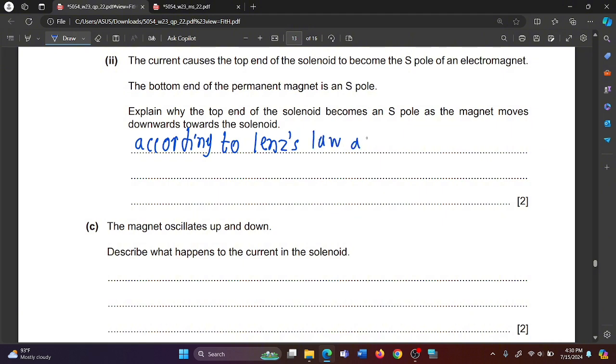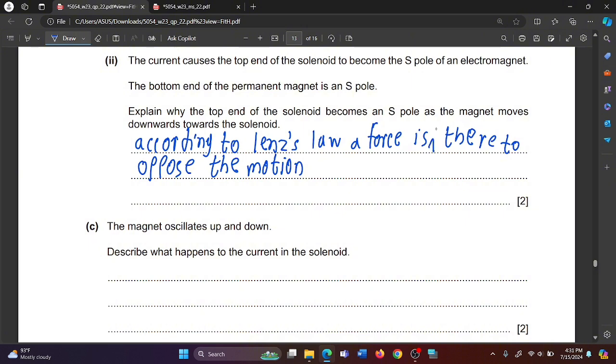A force is there to oppose the motion. Is produced. Let's write produced. A force is produced there to oppose the motion.